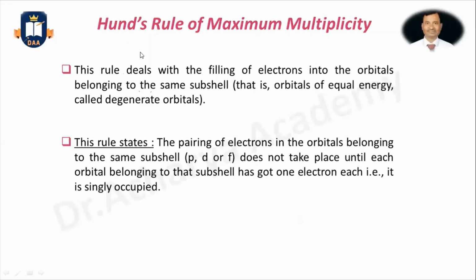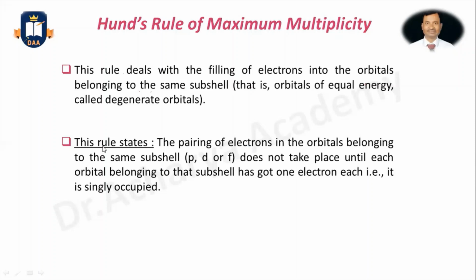This rule, Hund's rule, is for the filling of electrons in the orbitals belonging to the same subshell. Same subshell means the azimuthal quantum number should be the same.